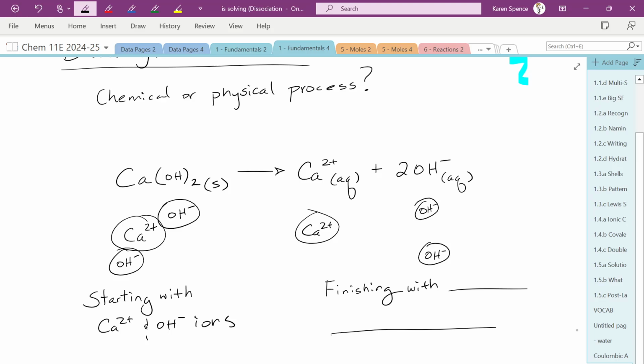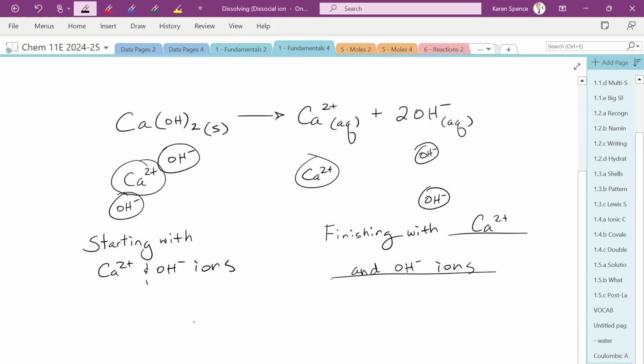So I started with calcium ions and hydroxide ions. What am I finishing with? Calcium and hydroxide ions. Have we created anything new? No. There's no new substance.